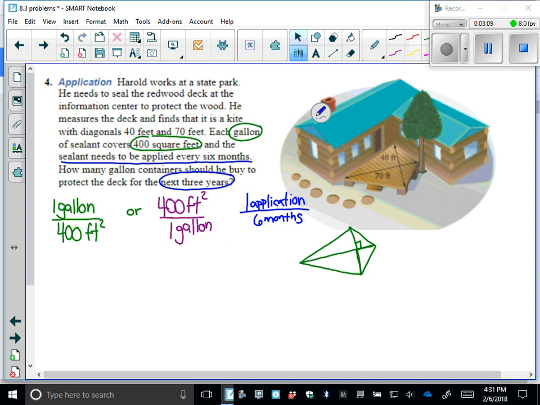So it's an area problem. And so over here I would remind myself about kite area. When you think about kite area, there are formulas, and the formulas come from the area of a triangle. So a kite has 2 congruent triangles. If you look at that picture, this blue triangle, you can think of it as having a height of 20 and a base of 70.